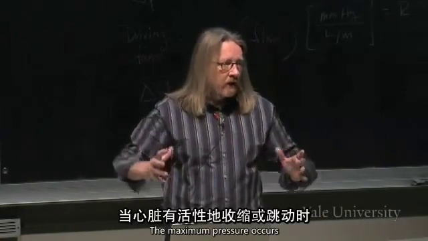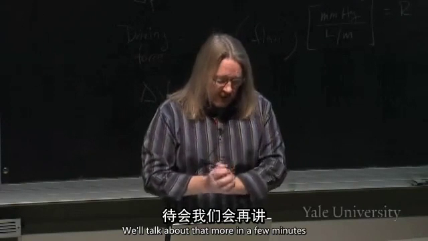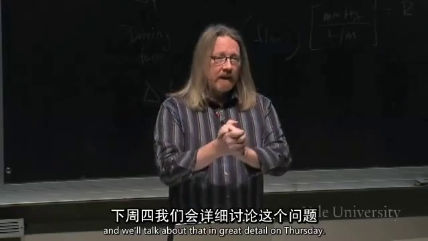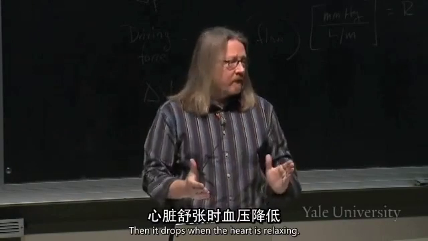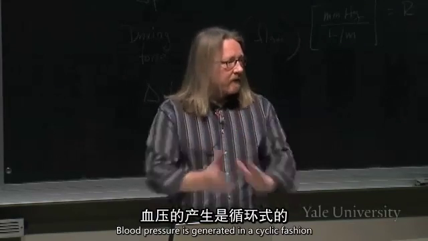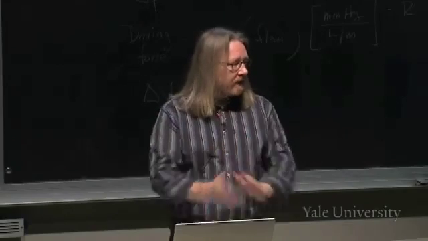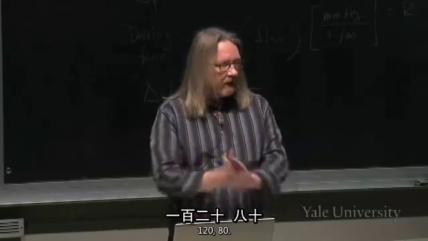The maximum pressure occurs when the heart is actively contracting or beating. We'll talk about that more in a few minutes, and in great detail on Thursday. Then it drops when the heart is relaxing. So blood pressure is generated in a cyclic fashion because of the beating of the heart. Contract, relax, 120, 80, 120, 80, 120, 80.